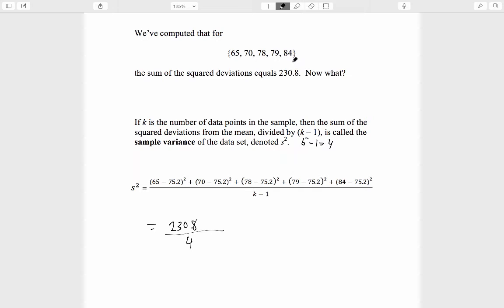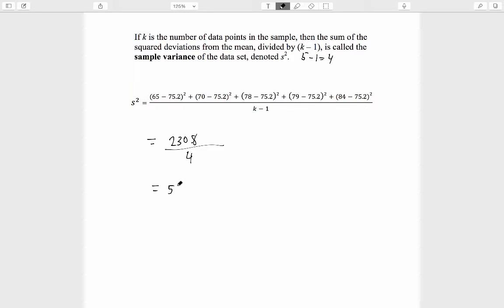There are 5 data points, but we only divide by 4 in this expression. That's how sample variance is defined. And this equals 57.7. This is the sample variance for our set of 5 scores. This number is also some kind of measure of how spread out our 5 scores are from their mean.